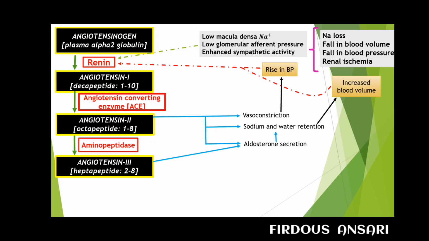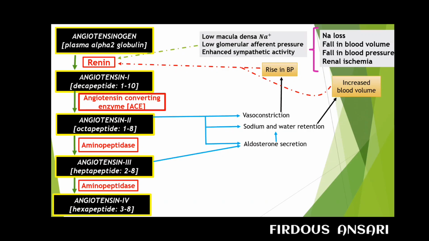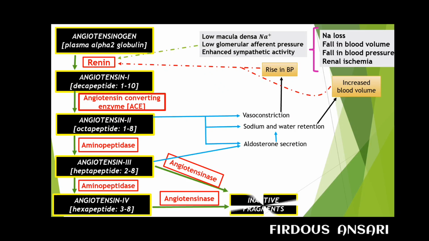Angiotensin 3 is again attacked by another aminopeptidase and converted into angiotensin 4. Both angiotensin 3 and 4 are acted upon by another enzyme, angiotensinase, and converted into an inactive fragment. So this is the whole life cycle of your renin-angiotensin-aldosterone system.